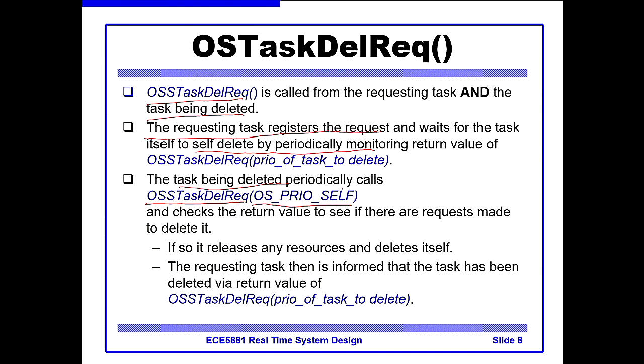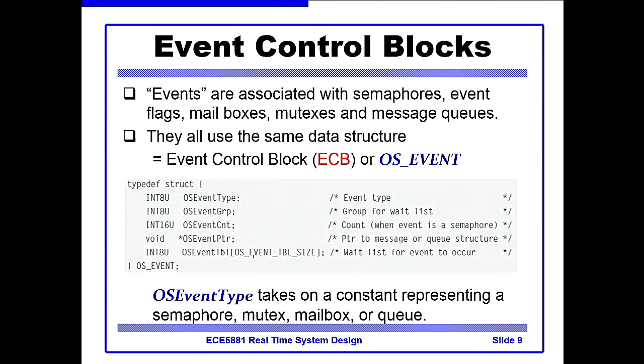And that's a number that's different from all the priorities, so the operating system knows what is happening. Once you see that has happened, you need to release your resource and then you delete yourself. And then the requesting task is informed through the operating system that that has been successful and job done. So you have to put this interlock in place. That's a problem that can come up that's worth investigating.